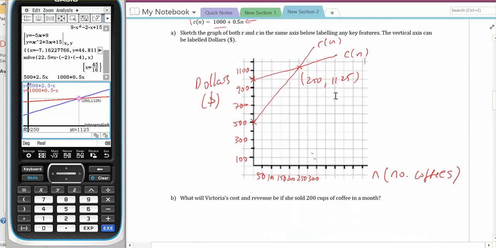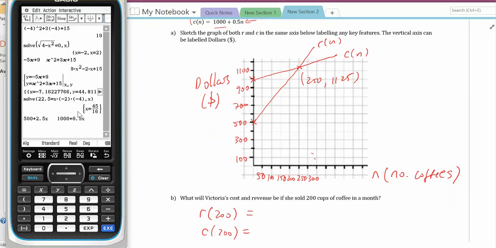All right, let's answer the questions. What will Victoria's cost and revenue be if she sold 200 coffees? So Victoria's R(n) is given by that. So R(200) and C(200). So we just need to sub in 200 into both equations and find out what that equals. So let's go to the function.